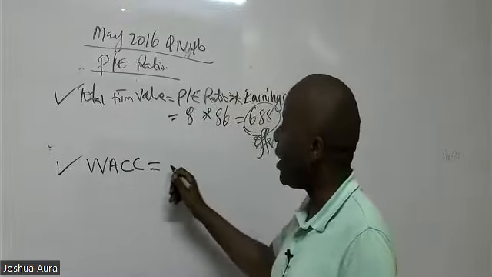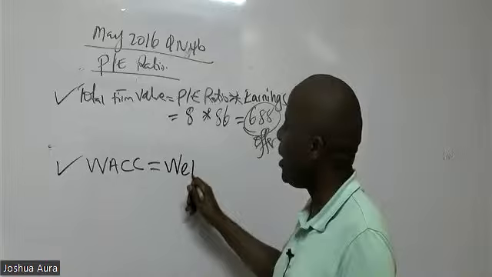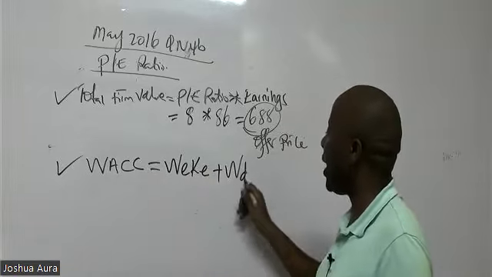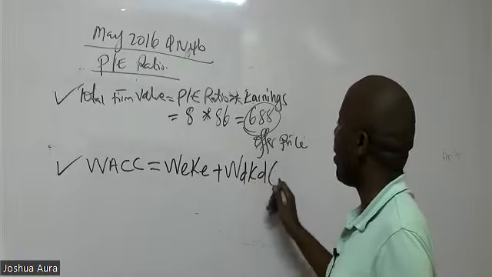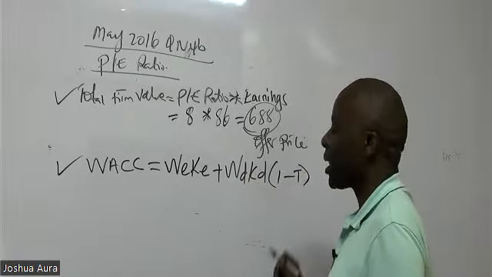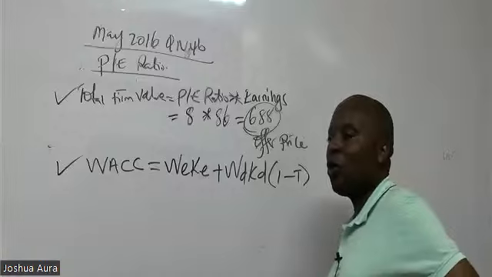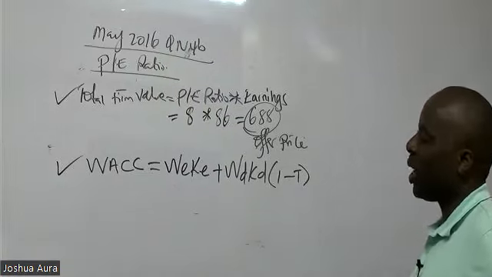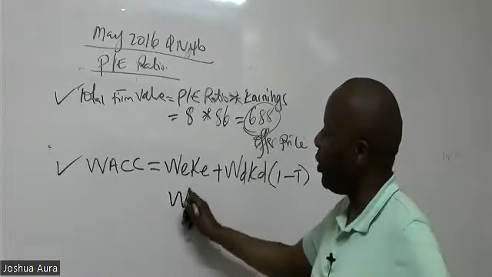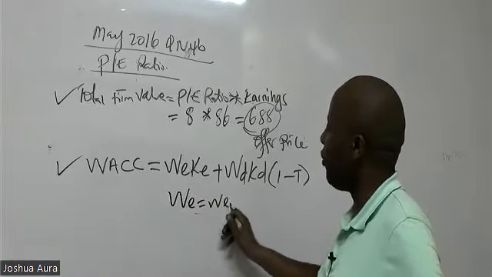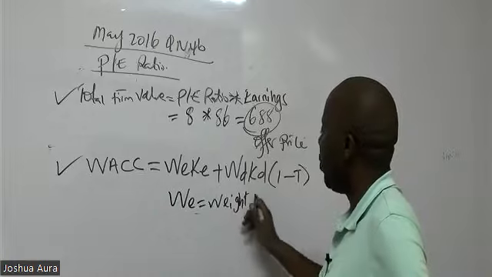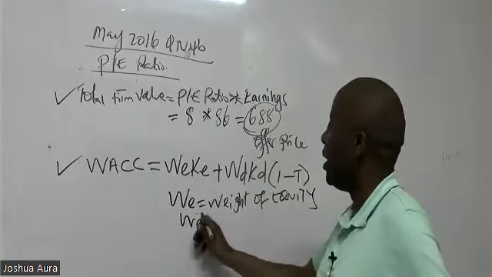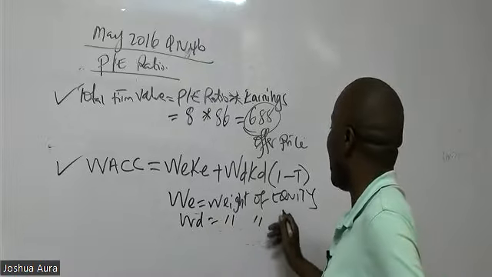On this WACC, we normally take weight of equity times cost of equity, plus weight of debt times cost of debt. But remember that cost of debt is tax allowable, so you must always subtract tax from cost of debt. When we talk of WE, this is the weight of equity. WD is the weight of debt.